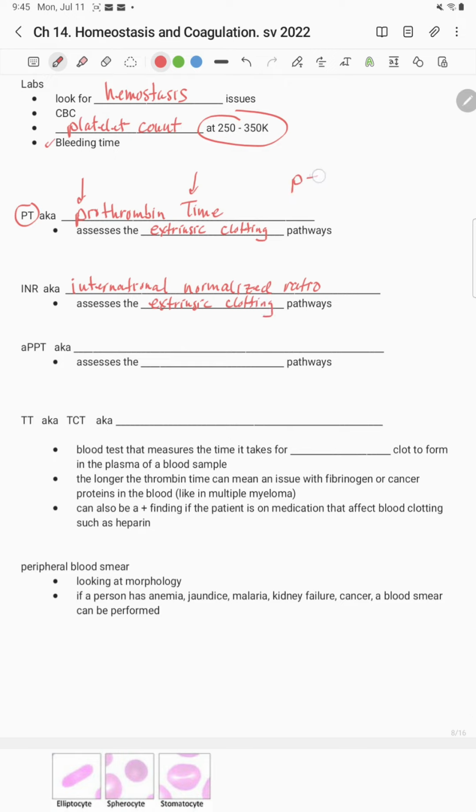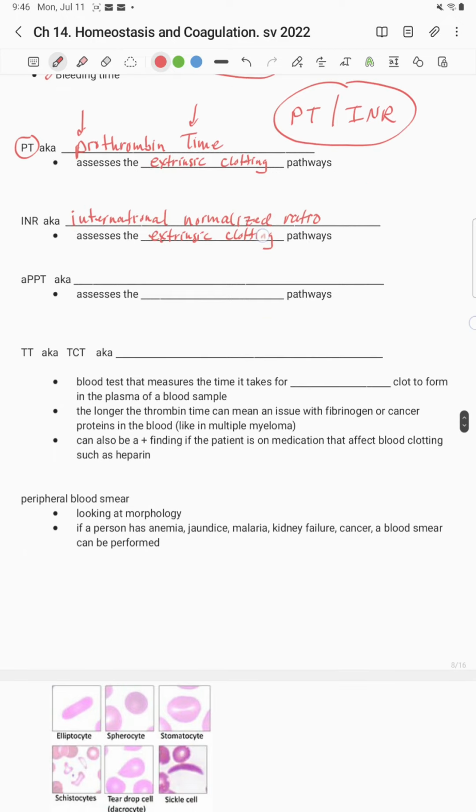So typically PT and INR are ordered together. Okay, aPTT is also known as activated partial thrombin time.